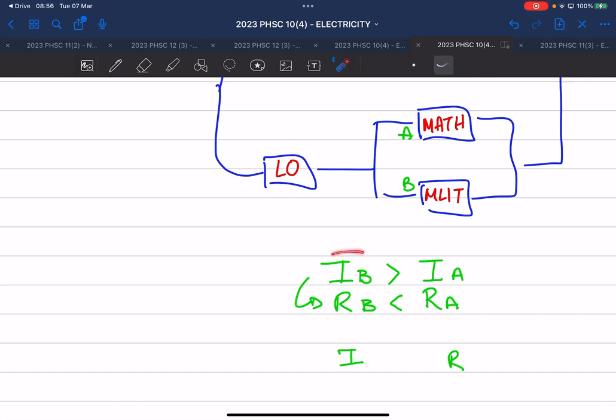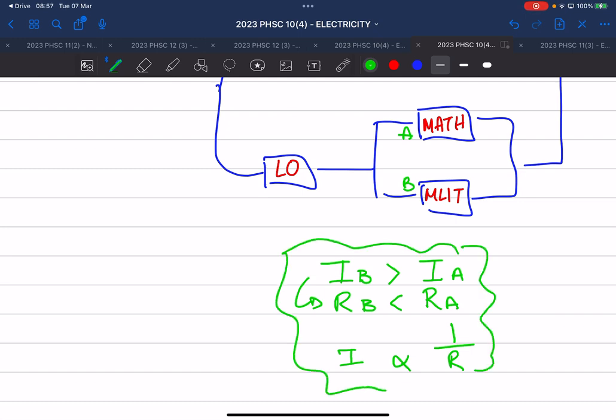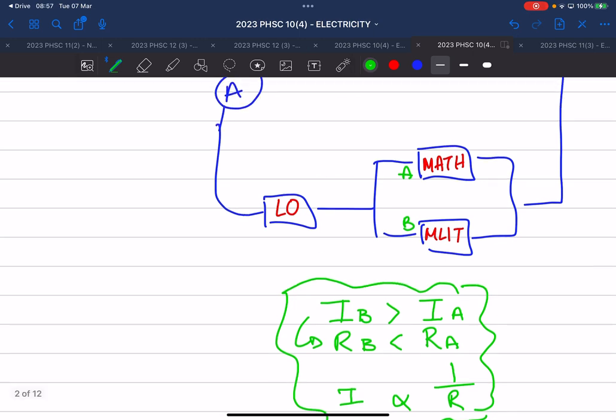If this one is bigger, then this one is smaller. Inversely proportional. So we can say they are inversely proportional to one another. Alright, we're going to get to that, but our common sense tells us that.